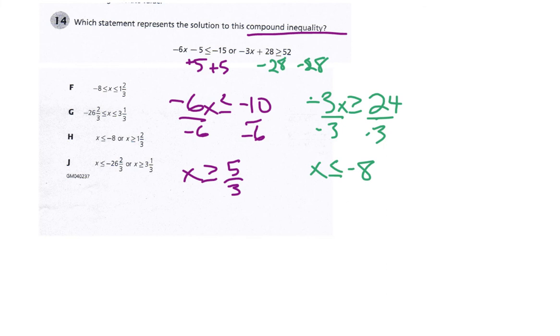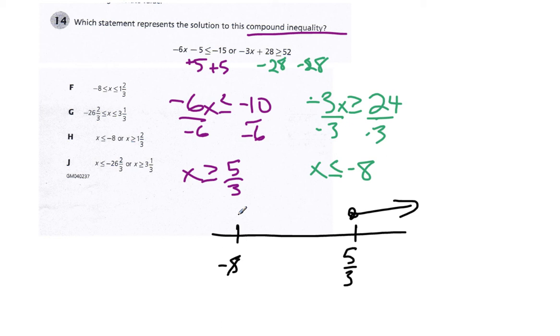And if we put this on a number line, here is 5/3. It's more than that. Here's negative 8. And it has to be less than that. Right? So we're not going to have one of these. This isn't going to work.